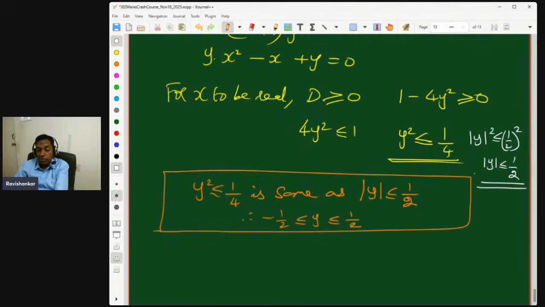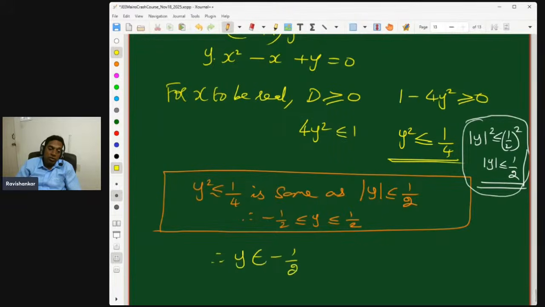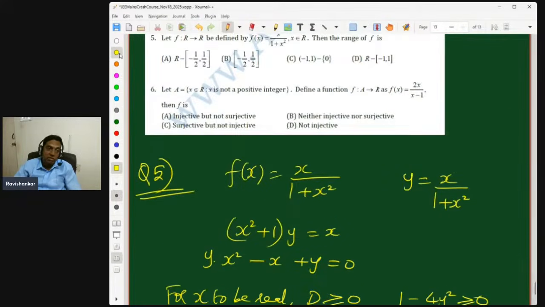But mod y less than or equal to half means minus half less than or equal to y less than or equal to half. So whatever you're comfortable, whether it's square or mod, you can choose, but you're going to get the same kind of thing. This means y belongs to minus half, half. Now that means the range. To find range, we always do y equals. This is the first step for finding range.